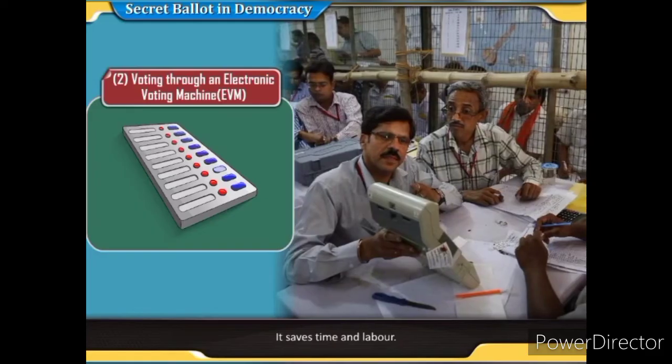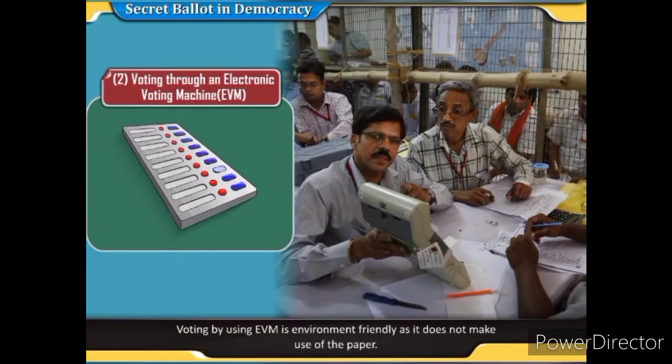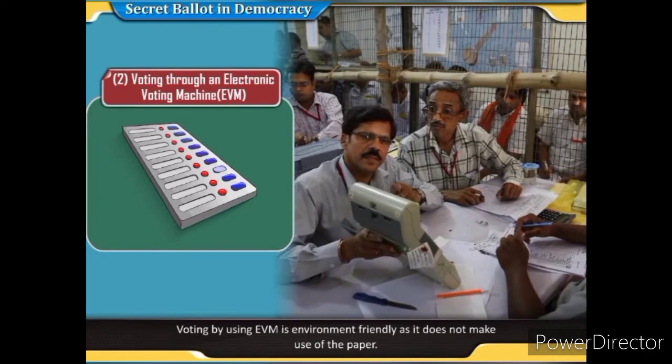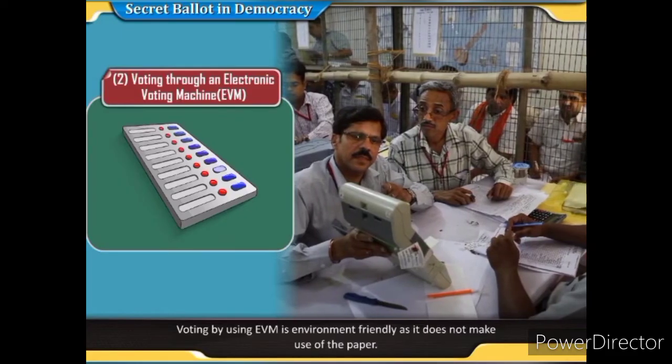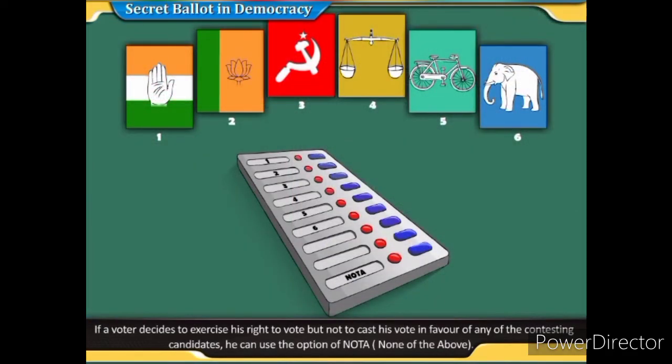It saves time and labor. Voting by using EVM is environment-friendly as it does not make use of paper. If a voter decides to exercise his right to vote but not to cast his vote in favor of any of the contesting candidates, he can use the option of NOTA, none of the above.